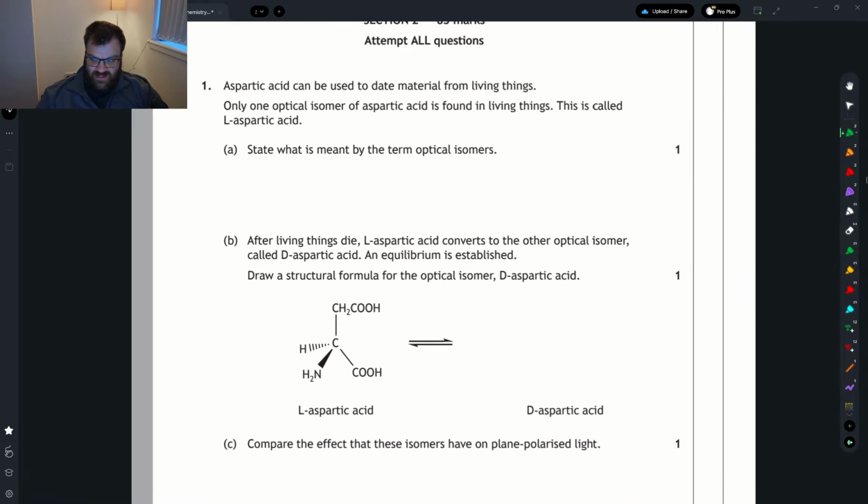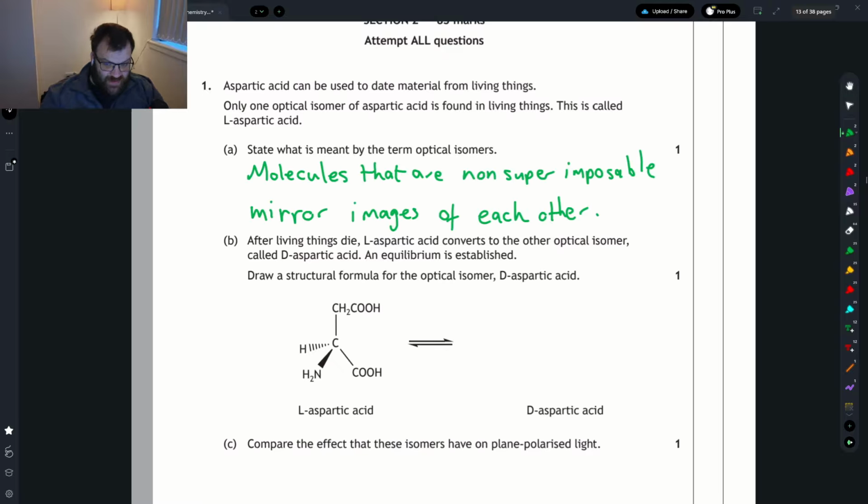First question, we're asked about optical isomers. This is what I said earlier when we talked about geometric. They are non-superimposable mirror images of each other. So the easiest way I find for drawing out the isomers of them is to keep the part at the top, our CH2COOH, and have that coming down.